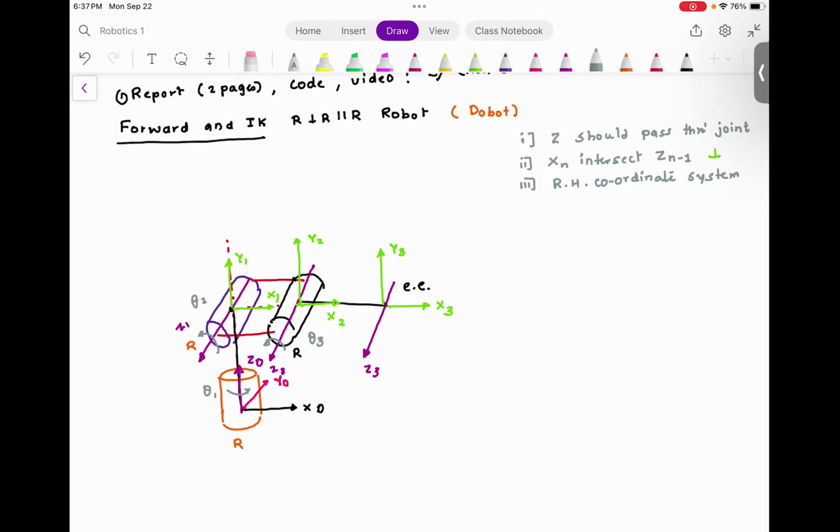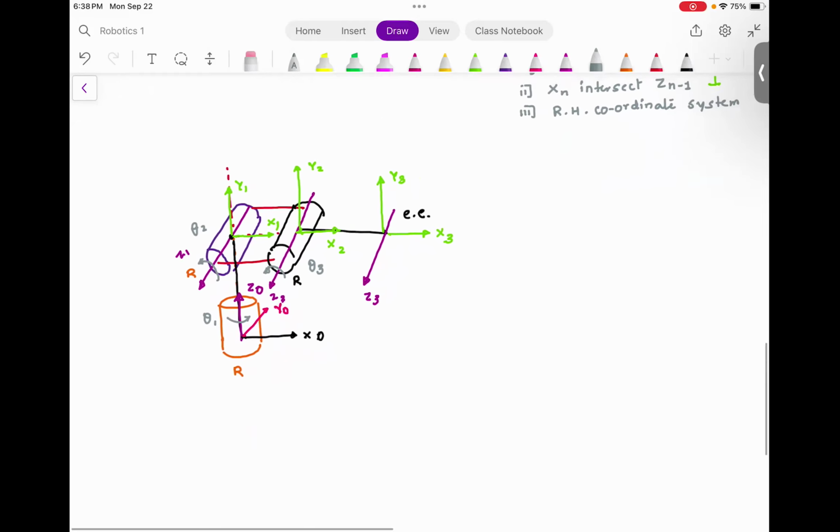When you curl your fingers in the direction of rotation of theta 2, the thumb will be pointing towards Z1. Curl your fingers in the direction of theta 3, your thumb is pointing in the direction of Z3. So that's why theta 1, theta 2, and theta 3 are positive. Everyone understood this?